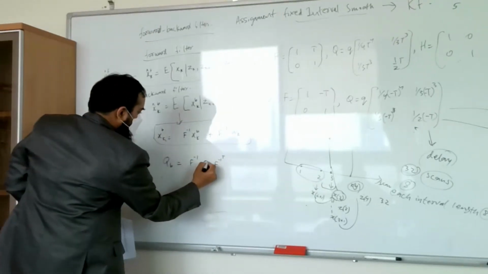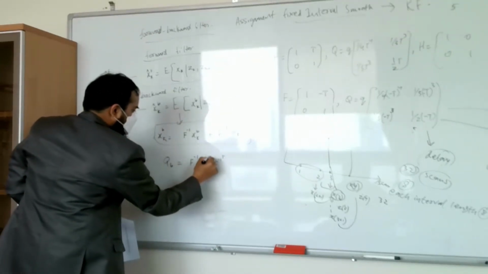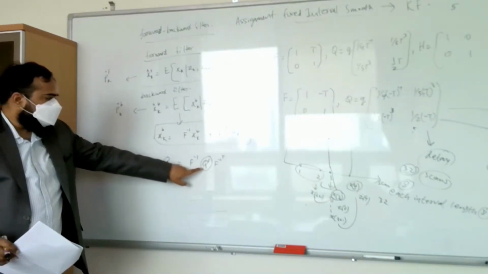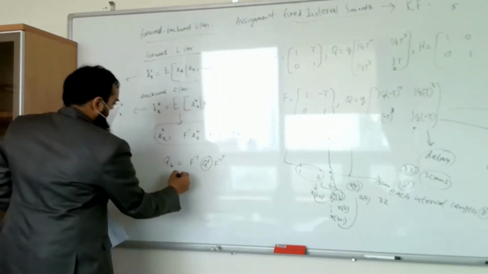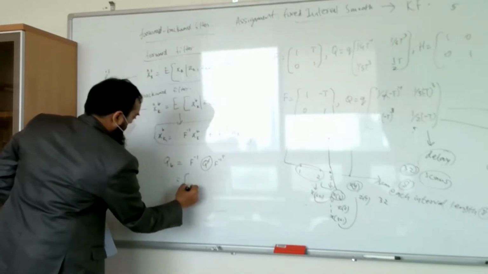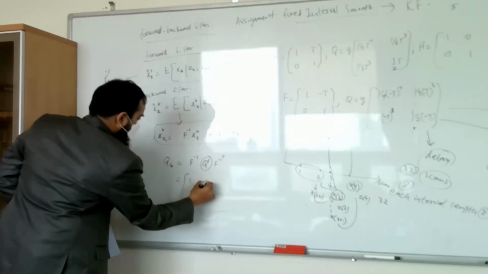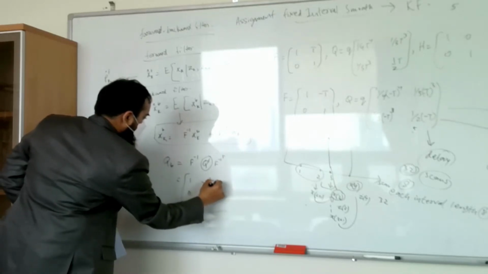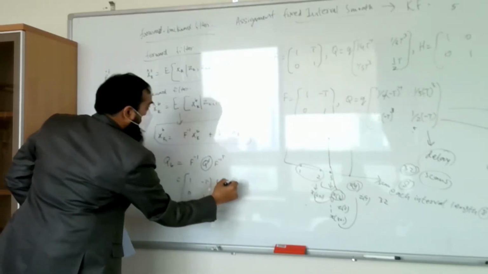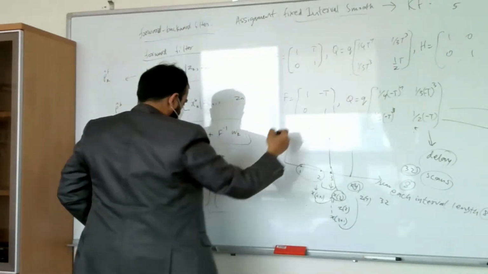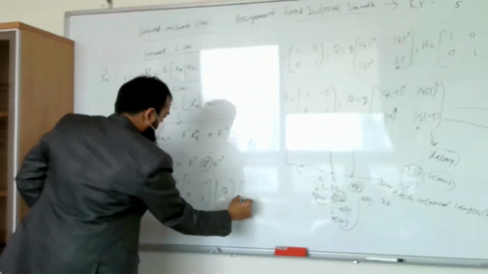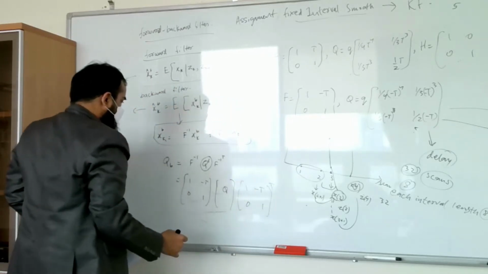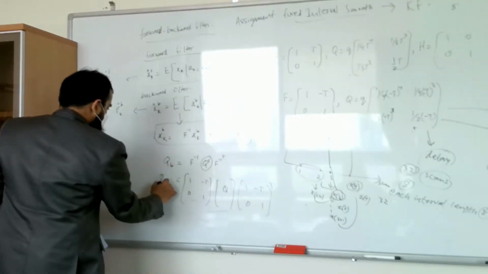This Q is for forward, means this Q, and again transpose. This is Q_B.